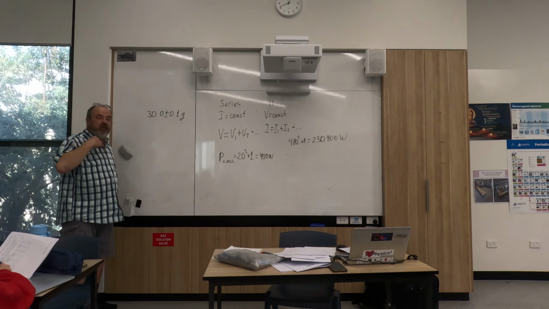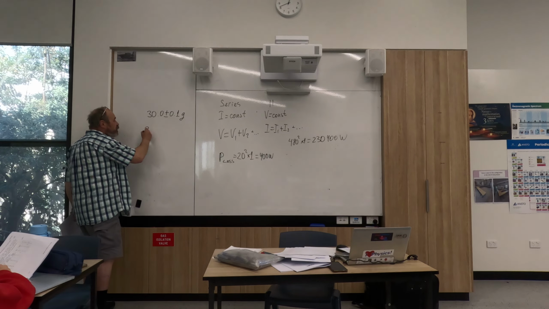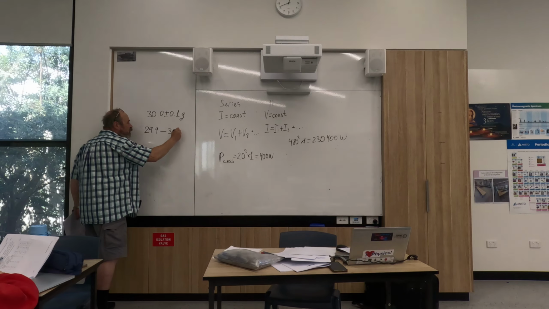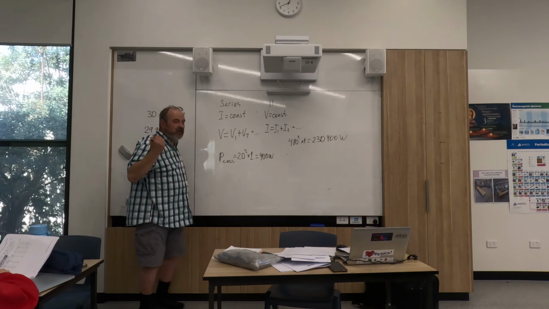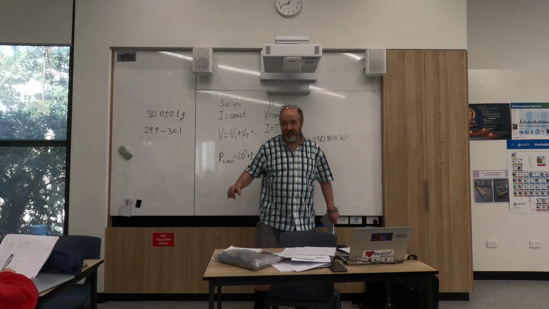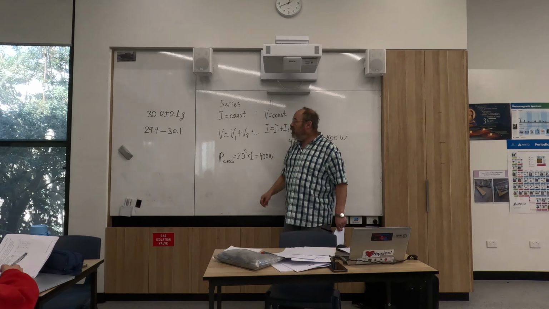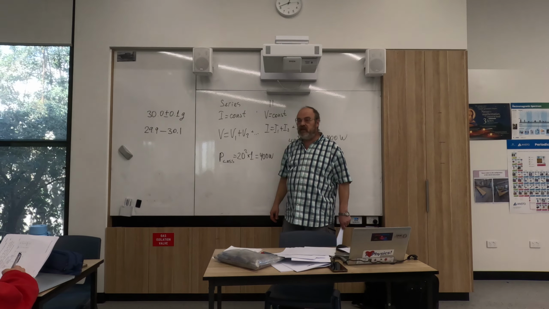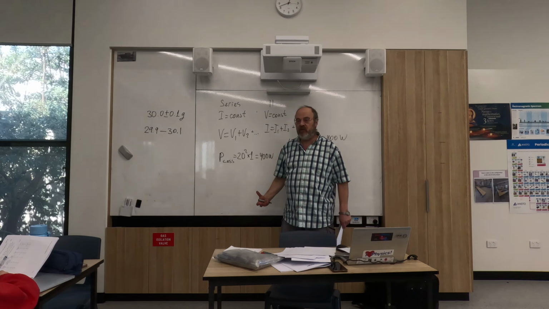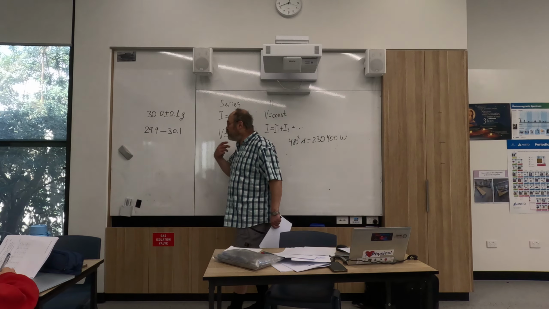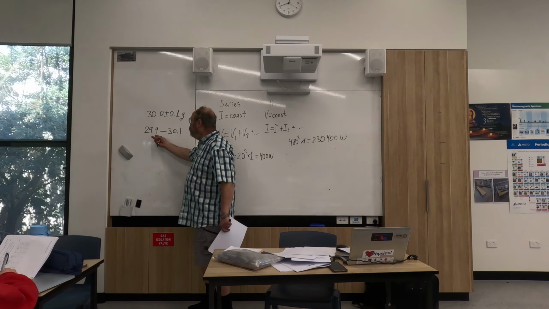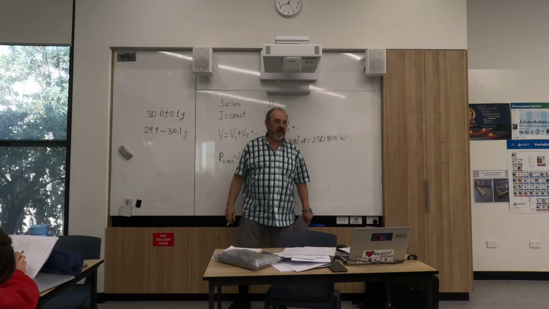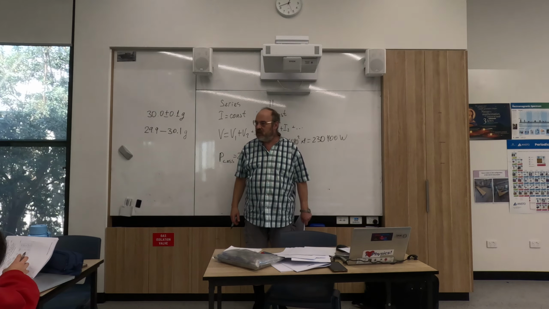That means that we know the mass of the washer is between 29.9 and 30.1. When we have 30 plus minus 0.1 gram, we can state that the mass of the washer is between 29.9 and 30.1 gram. Make sense?